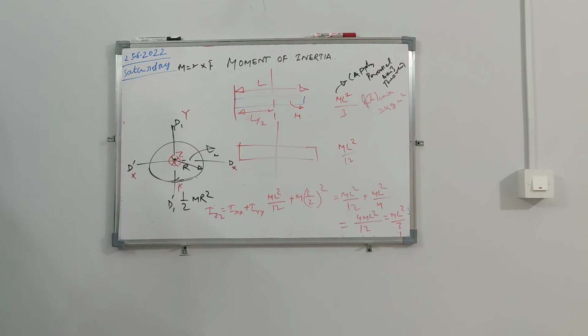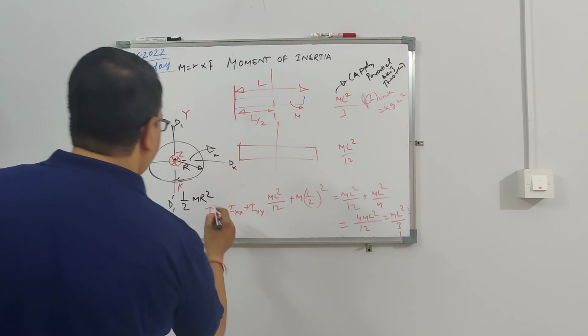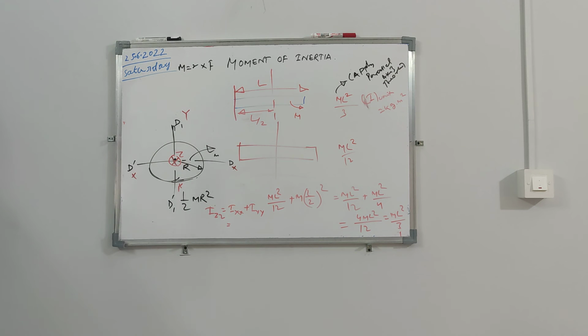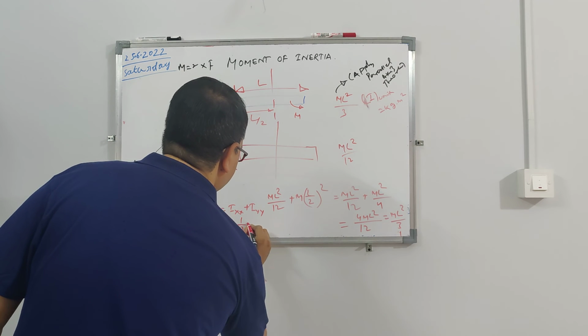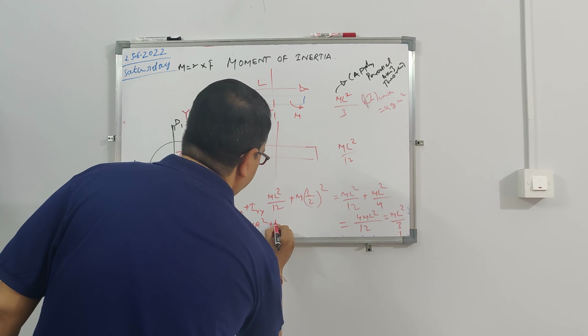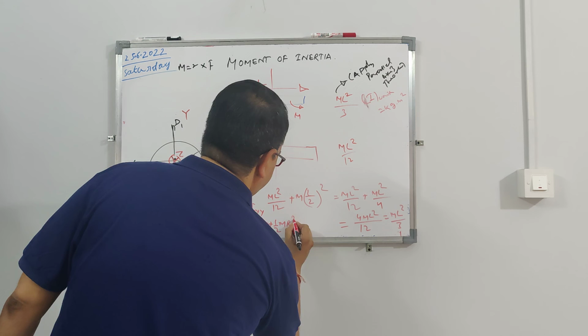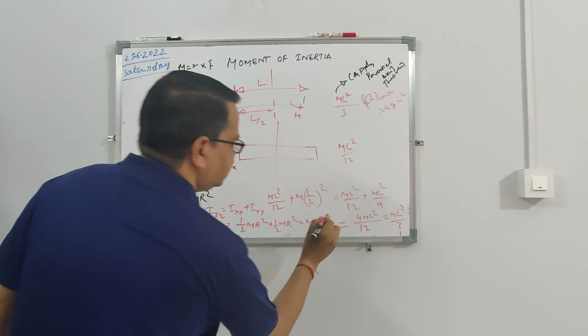So the moment of inertia about an axis perpendicular to the plane of the disc will be half mr square plus half mr square, which is equal to mr square. You just have to add it.